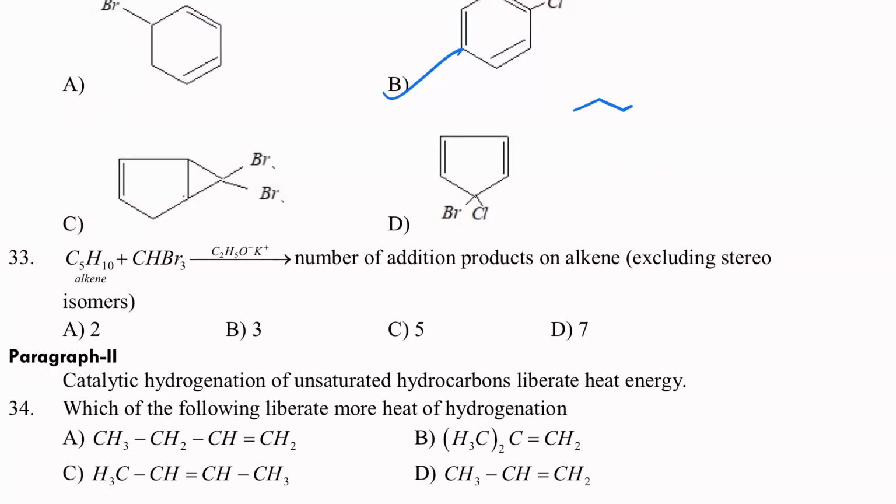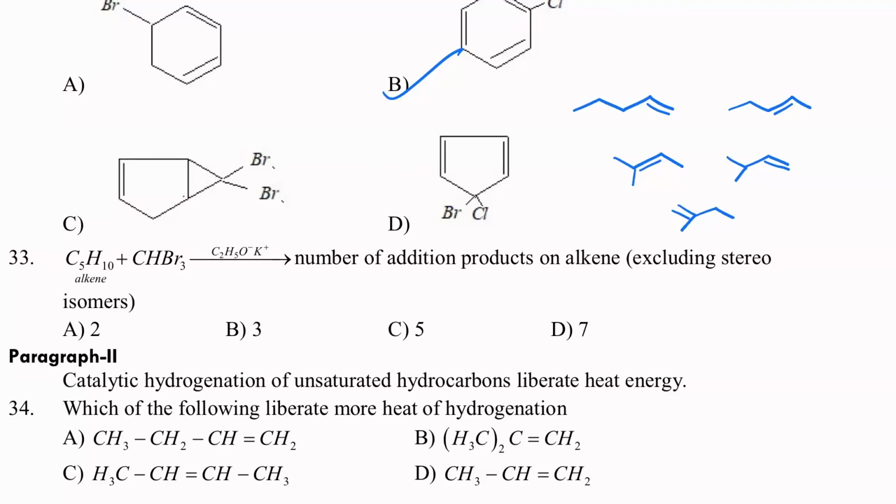See, how many alkenes can we make? I can make one alkene here. I can make one alkene here. I can change this into this form here and make a double bond here. And I can make one double bond here, and one double bond here. These are the types of double bonds we can get.